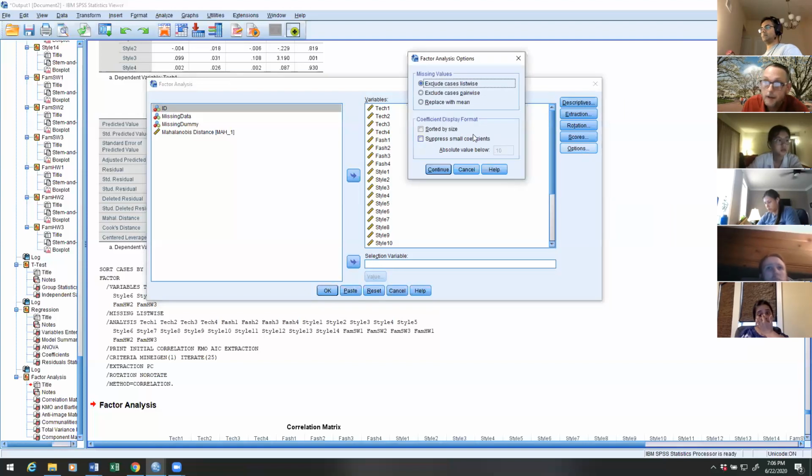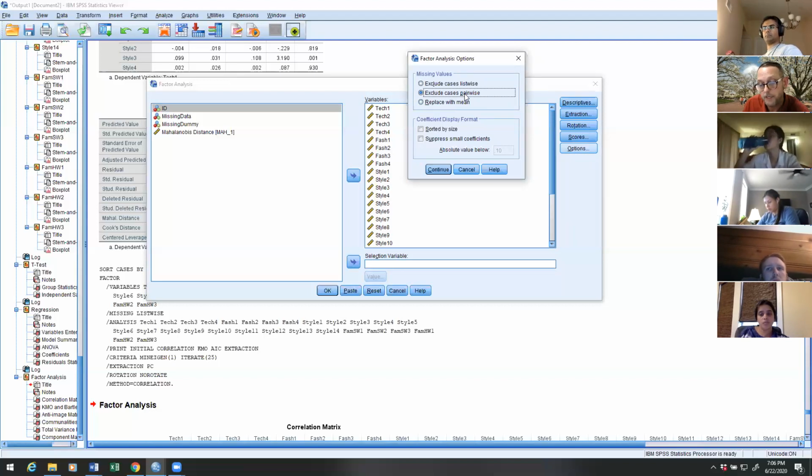Other things. Okay, exclude cases listwise, exclude cases pairwise. So here's the question: how many data points do you want to lose? This is where this comes up. If we do listwise, we're going to lose at least over 300 respondents, because over 300 respondents missed at least one variable. If we do pairwise, then it's just going to calculate everything variable by variable.